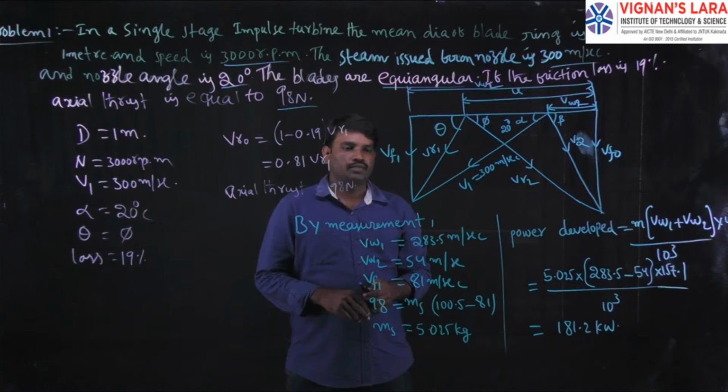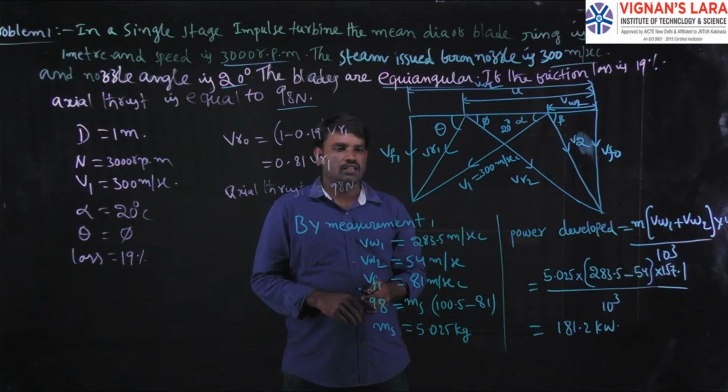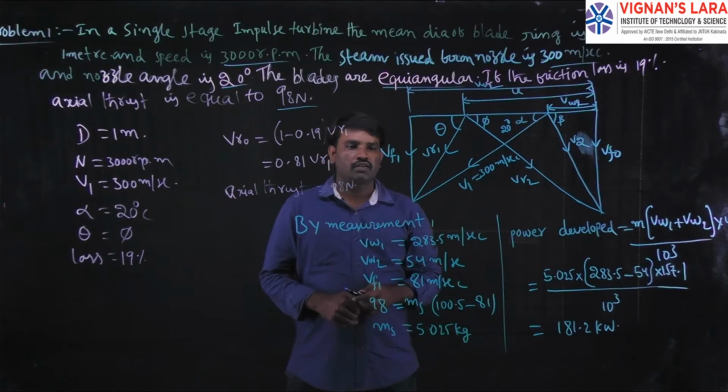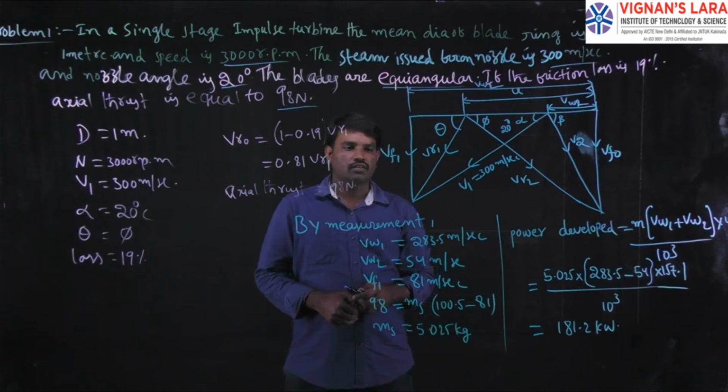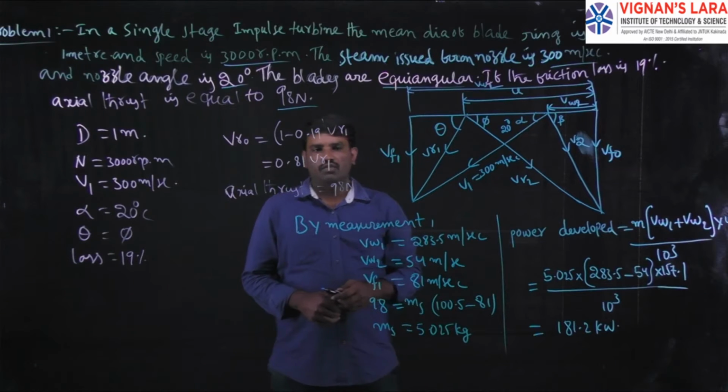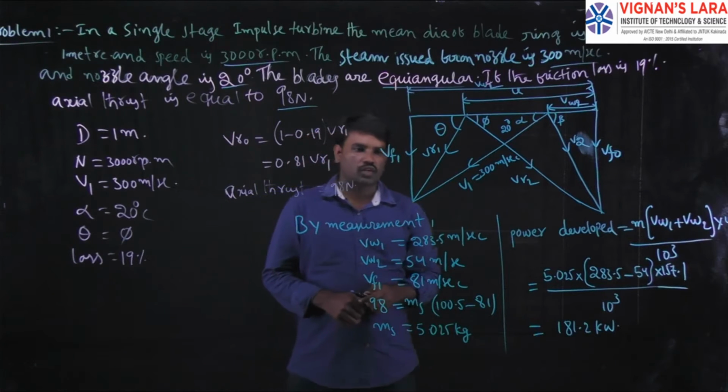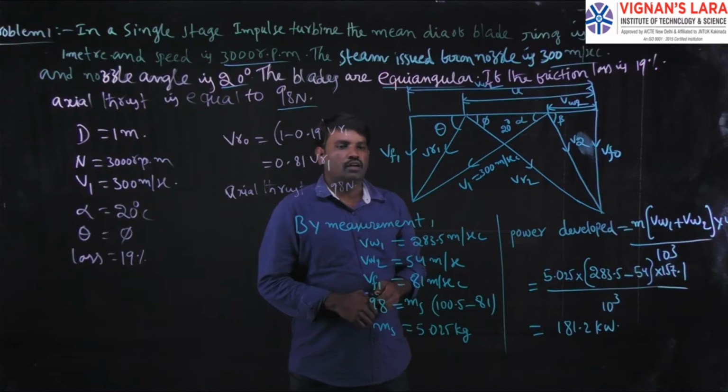One is, if the blade angles are equal, theta is equal to phi. Mostly the blade angles are equal in an impulse turbine. And in case of relative velocity, if there is no friction, the relative velocity at inlet is equal to the relative velocity at outlet, VR1 is equal to VR2. These two conditions you have to remember while solving problems on impulse turbine.